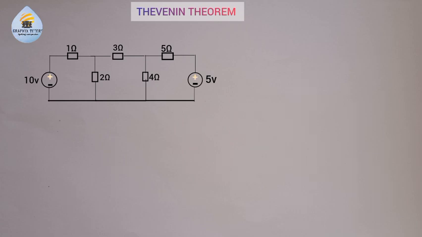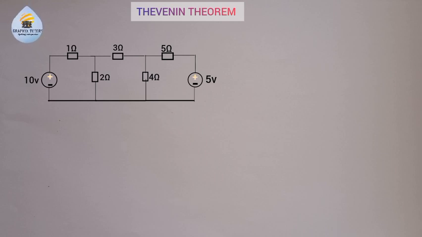The 3 ohm resistor, the resistor having a resistance of 3 ohms, is a load. All the resistors in this circuit are loads, but we are considering just the 3 ohm resistor. So we want to use Thevenin's theorem to find the amount of current that will be passing through that 3 ohm resistor.